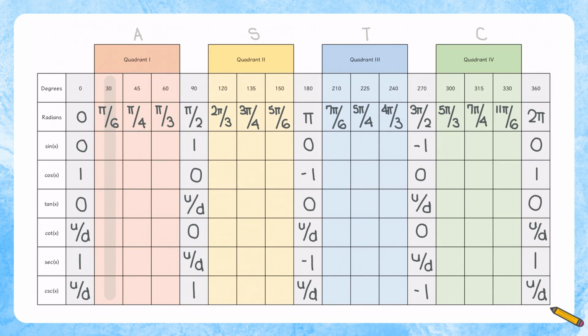And then now let's fill out this table for 30 degrees or pi over 6 radians. So sine of 30 degrees is positive 1/2. And then cosine of 30 degrees is positive radical 3 over 2.